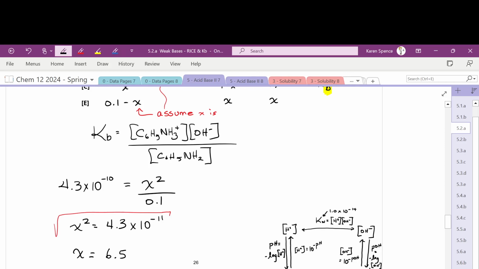Huh? Oh, but I've got 0.1 here. Right? So I've just multiplied that by that.